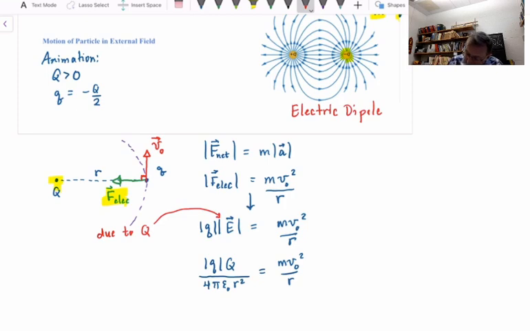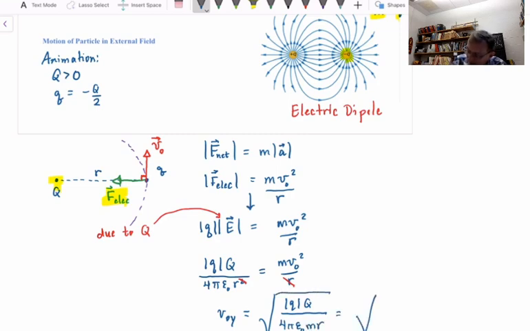I can multiply both sides by one factor of r. And then I can solve for v initial. So all I have to do is divide both sides by m and take the square root. And you get this. V initial, and it will be in the y direction, square root of magnitude little q times big Q over 4 pi epsilon 0 m r.